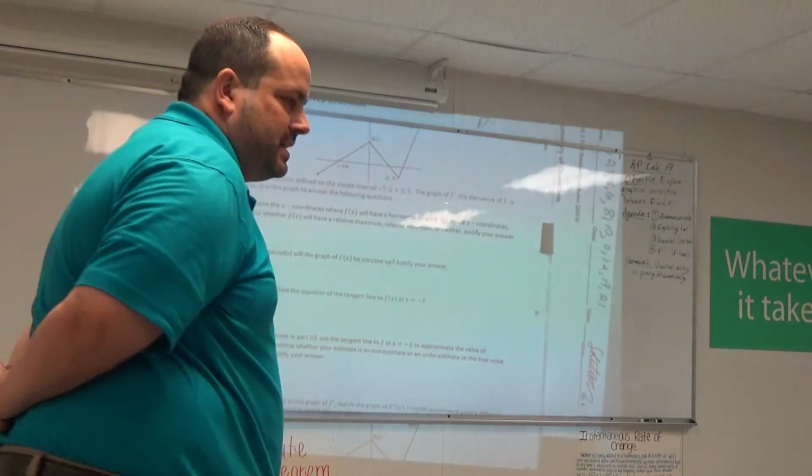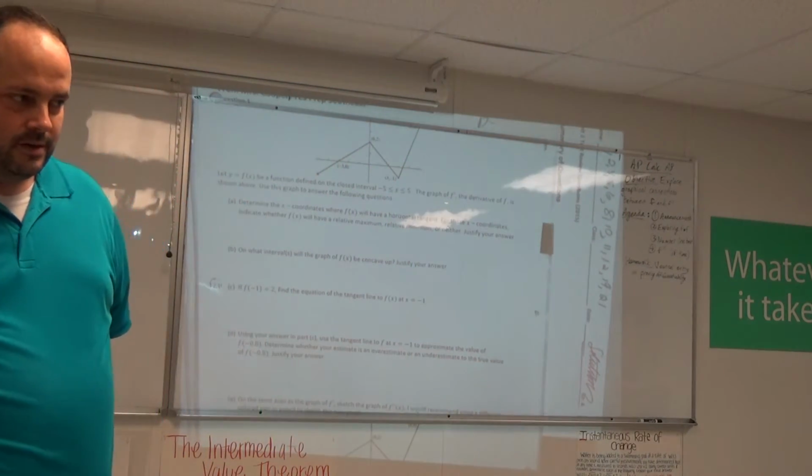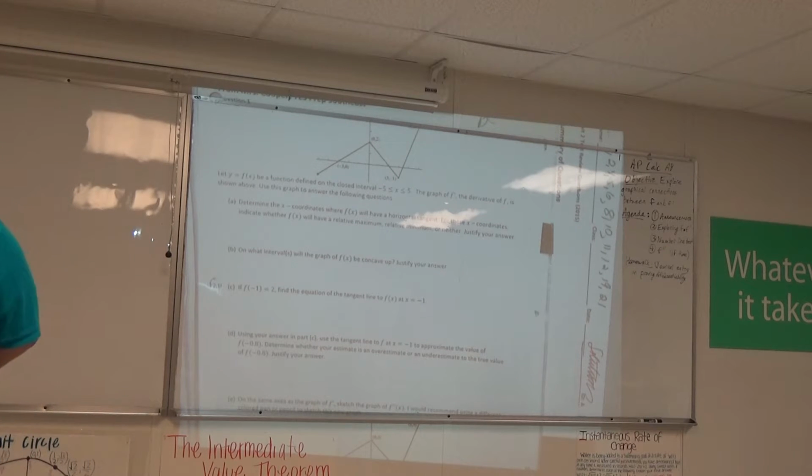Everyone seems pretty convinced that on part C, the piece you're missing is the slope at -1. I've not seen anybody with the correct slope at -1 though.